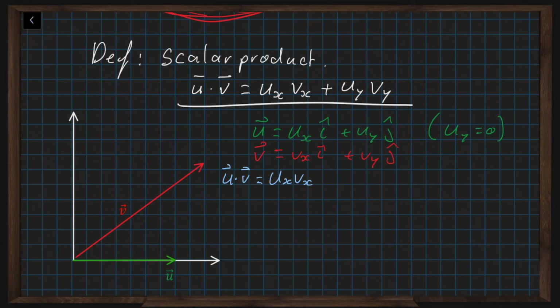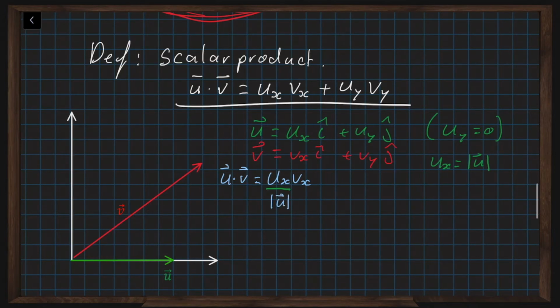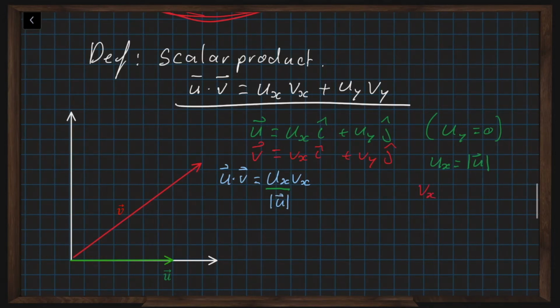But if uy is 0, then that must mean that ux is equal to the magnitude of u. So we can replace ux with the magnitude of u. And if we remember from our fundamentals, vx is equal to the magnitude of v multiplied by the cosine of the angle between v and the x-axis.